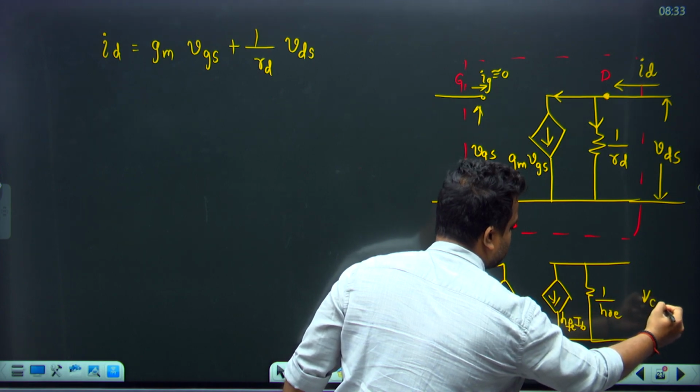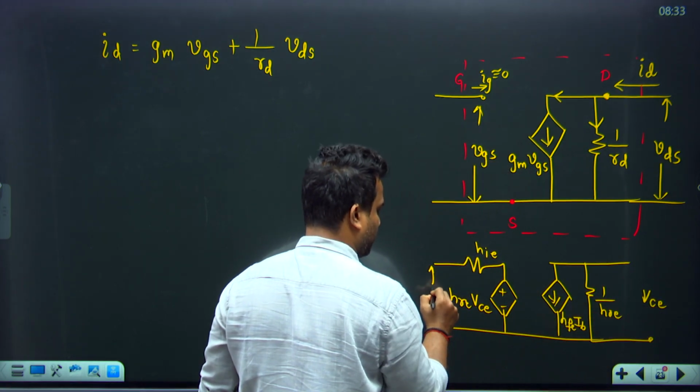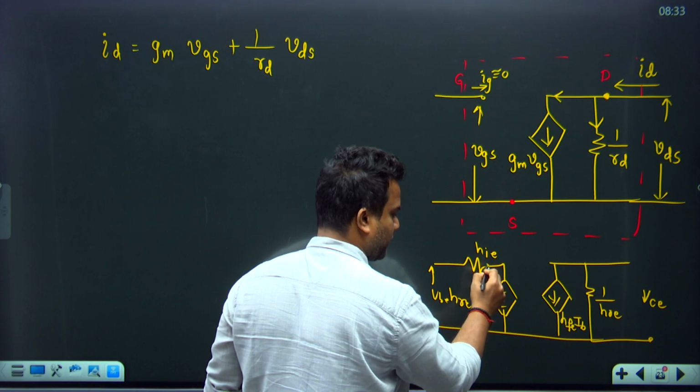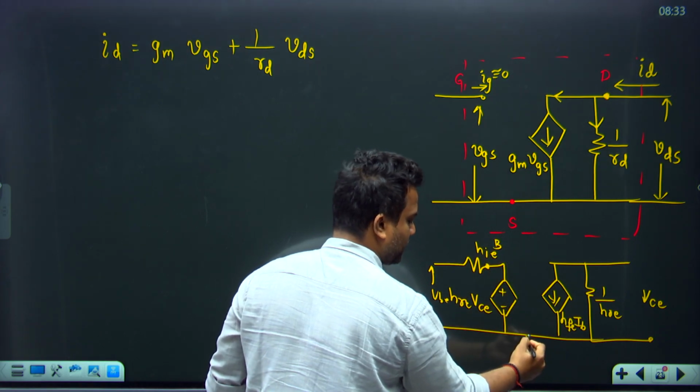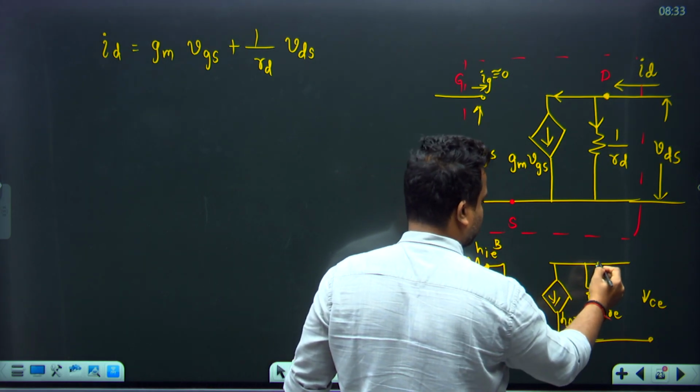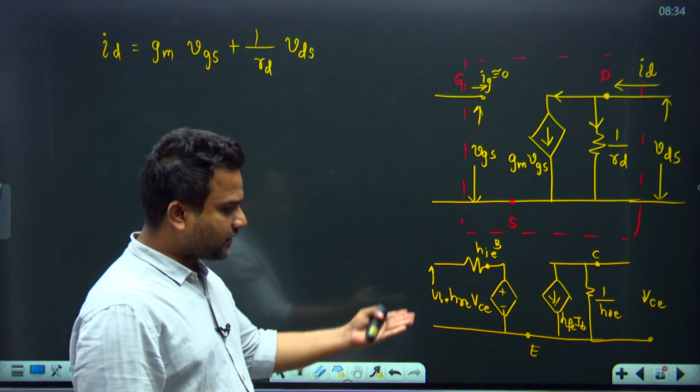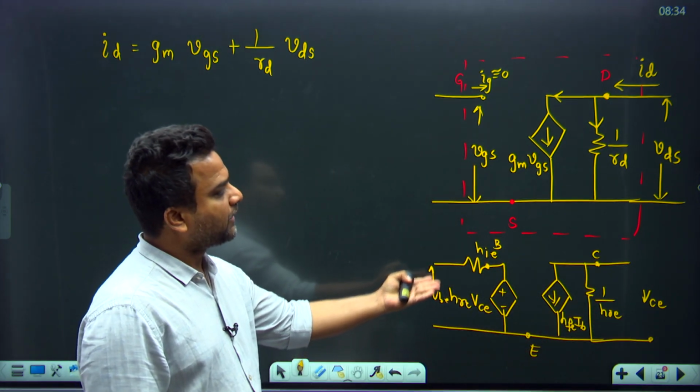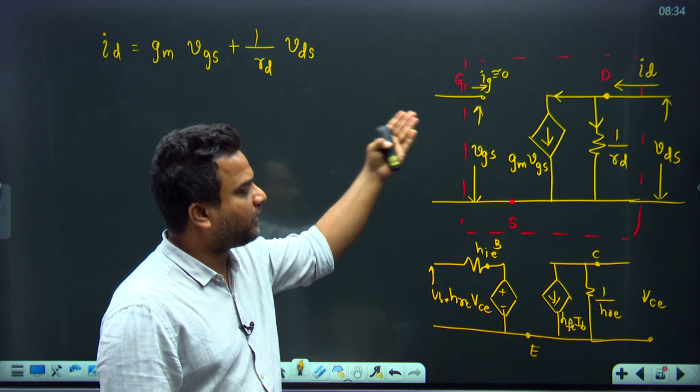This is VCE and this is VBE, input, base, emitter, collector. This is the H parameter model of BJT, and this is the model of JFET.